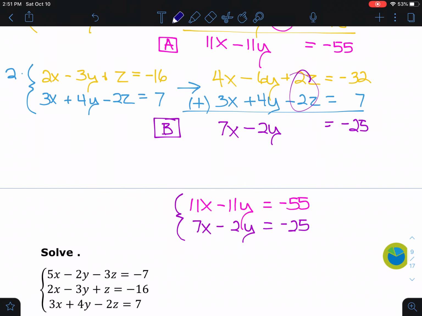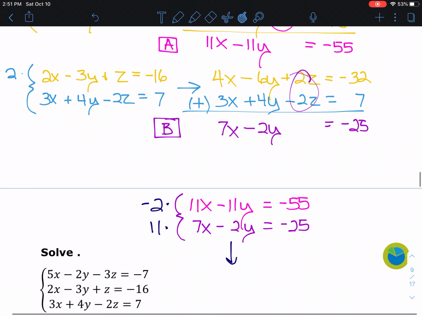So I'm going to multiply the top by negative 2 and the bottom by 11. Make sure one's positive and one's negative. Okay, so I'll write these down here.